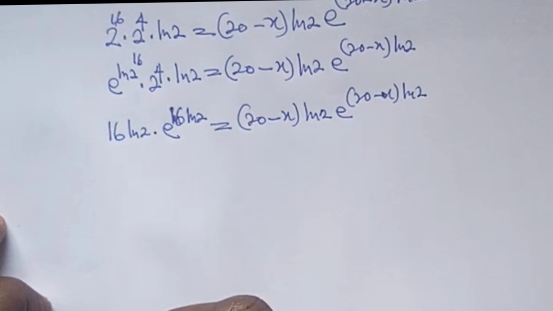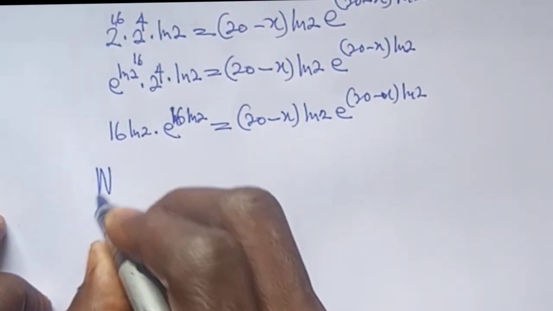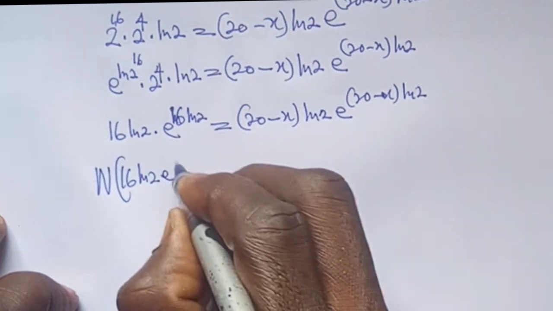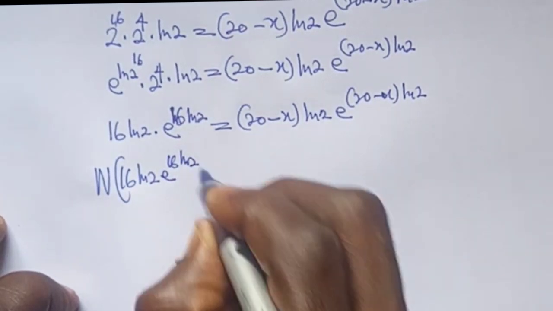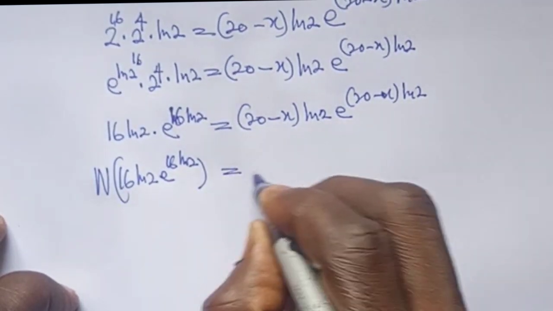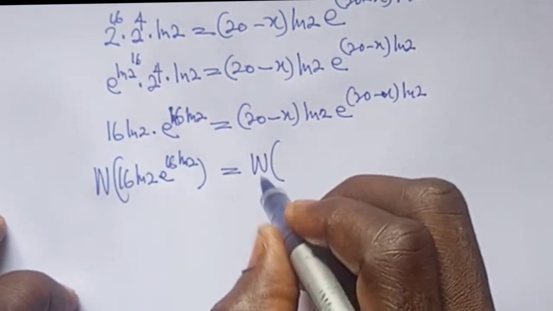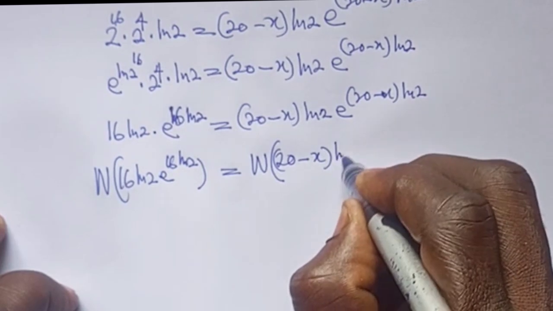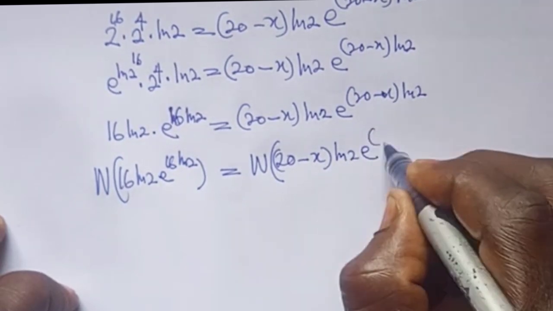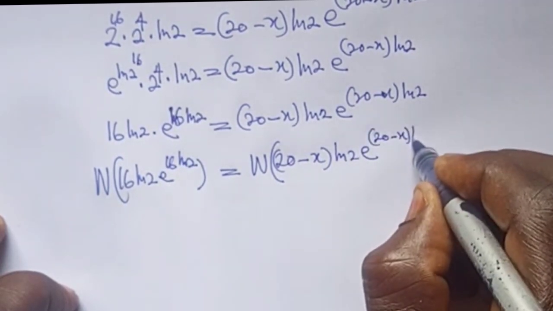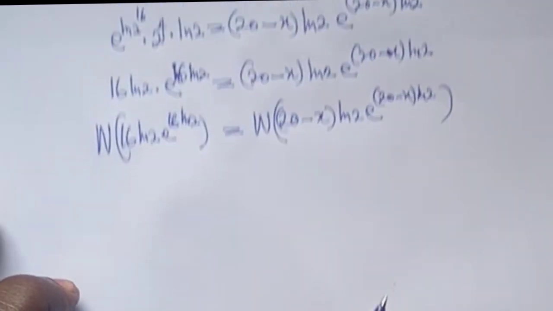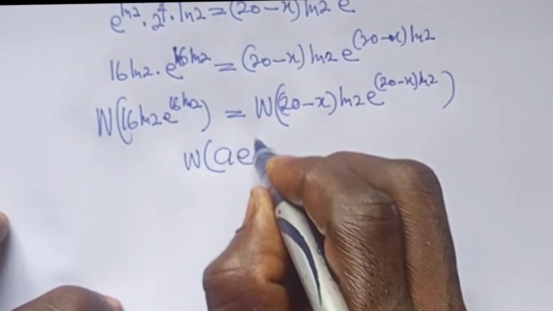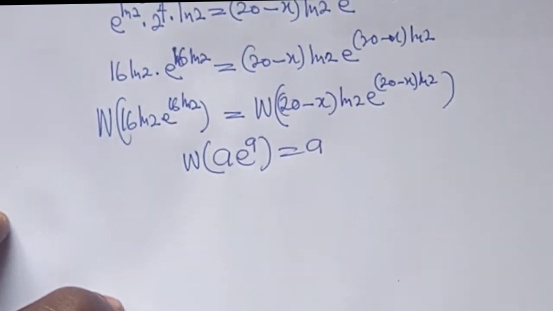To carry out the W function on both quantities, we'll have W function of 16 ln 2 exponential 16 ln 2, close the bracket, equals W function of 20 minus x ln 2 exponential 20 minus x ln 2. But W function of a exponential a is equal to a.